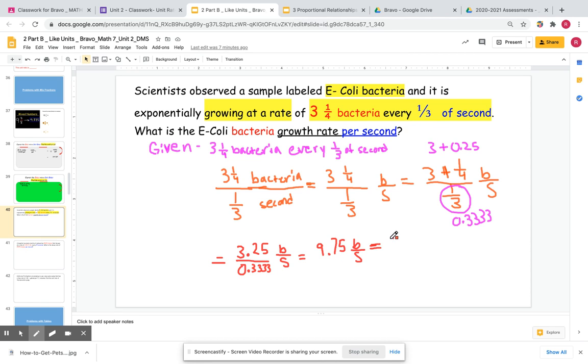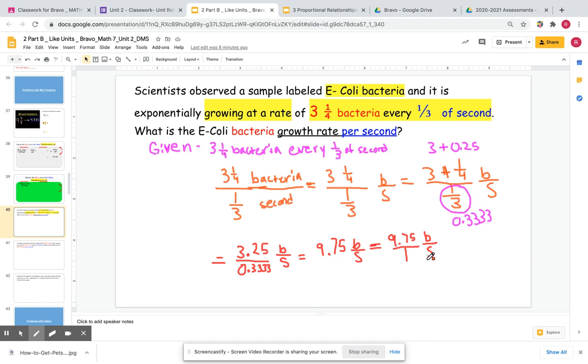So to do the correct format, we're going to rewrite 9.75 over 1. And the numerator is now describing the bacteria, and the denominator is talking about 1 second.